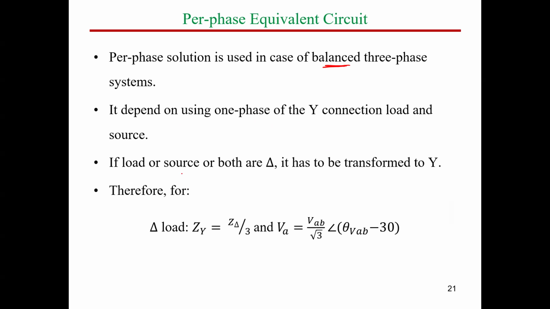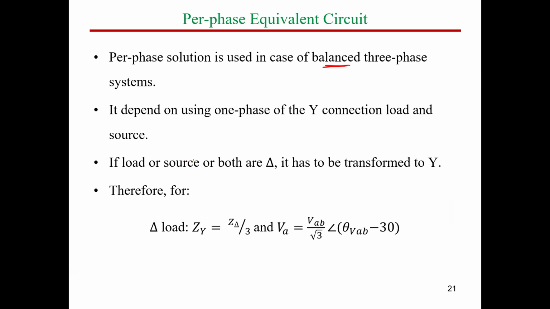But if load or source are delta connection, it has to be transformed to Y connection. So if you have one of the source or load as delta connection, guys, you need to convert that to Y in order to make a single line diagram or per phase equivalent circuit, because you cannot connect delta connected systems in series, correct?